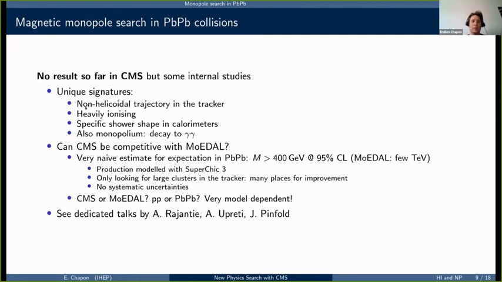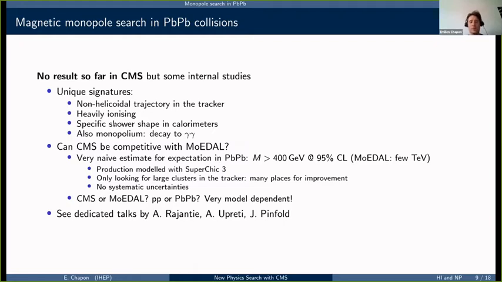First, the trajectory in the tracker is non-helicoidal because of the magnetic charge. Also, such a particle would be heavily ionizing, so if we look at the charge deposited in the detector, in particular in the tracker, we would see a difference with standard model particles.